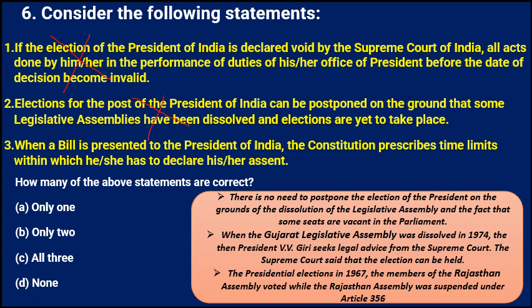Third statement: when a bill is presented to the President of India, the Constitution prescribes a time limit within which she has to declare her assent. It is also incorrect. There is no time limit on the President to give assent to or reject the bill.